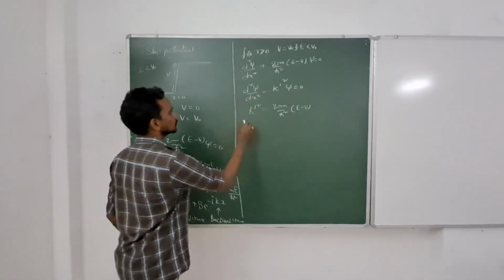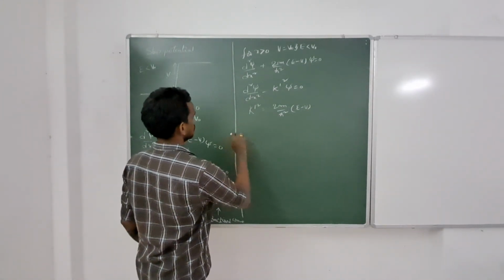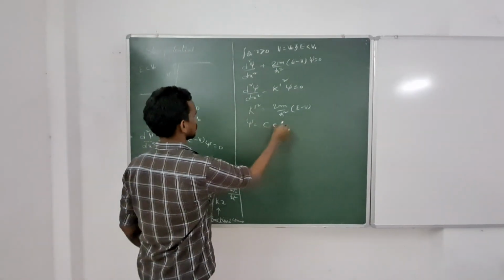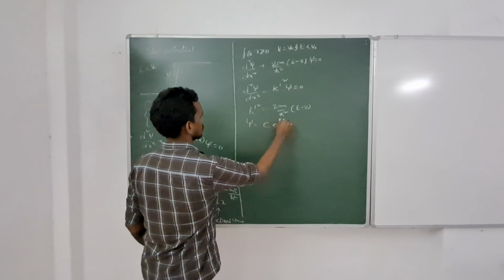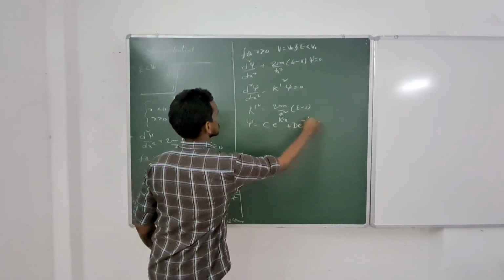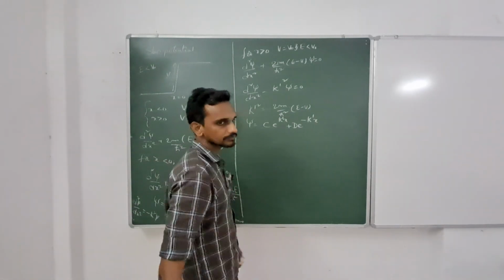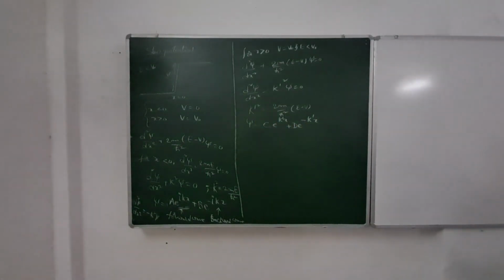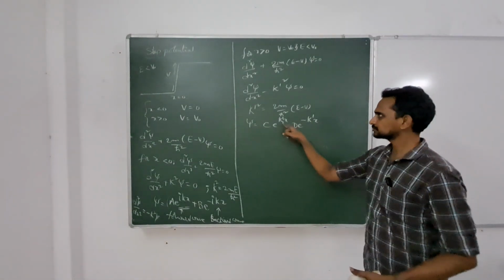Okay, so the possible solutions are, I can write it like ψ is equal to C e power k' x plus D e power minus k' x. So there will not be any i factor.